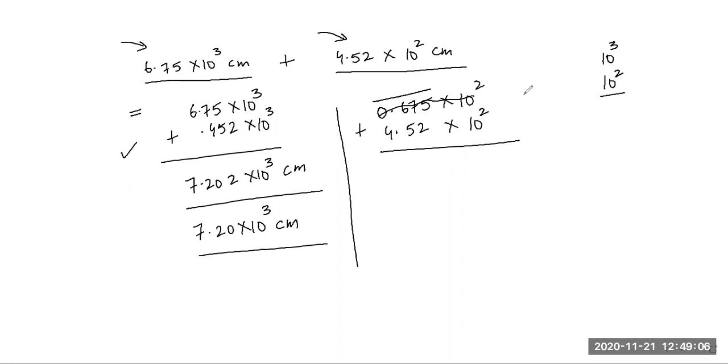Actually this is 6750, right? So if I say into 10 raised to power 2, it must be 67.5. That is the reason we did not use 2, because if you do 2, the decimal place is decreasing. Am I right? Decimal place is decreasing, then result will also have one decimal place. That's why we are going for 3 only.